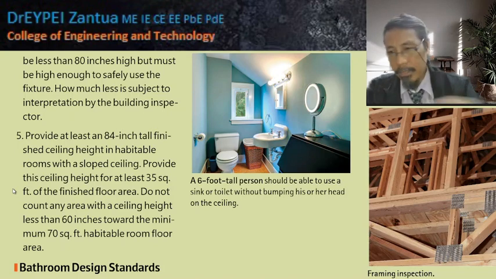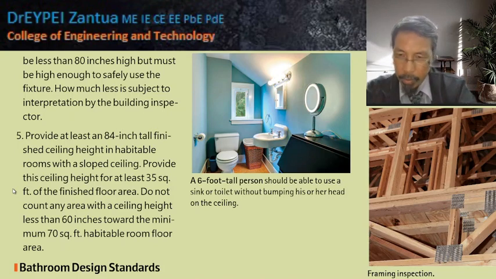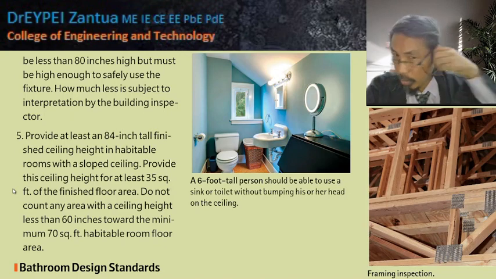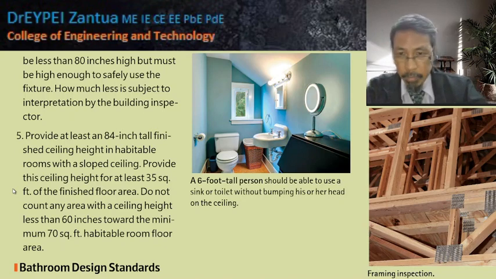So 35 square foot is very small. You have to provide it for 35. So that is only 3.8 or 3.9 square meters. So 4 square meters is about 2 by 2. So provide for 2 by 2.